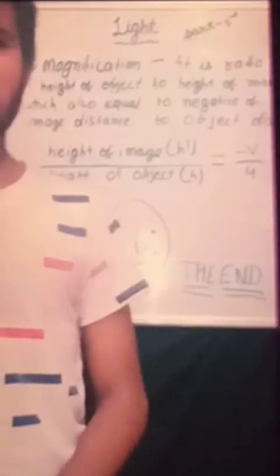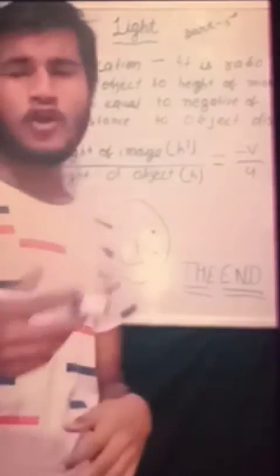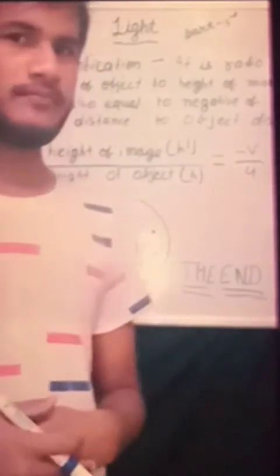Now see the magnification. What is magnification? It is the ratio of height of image to height of object, which equals negative of image distance by object distance.